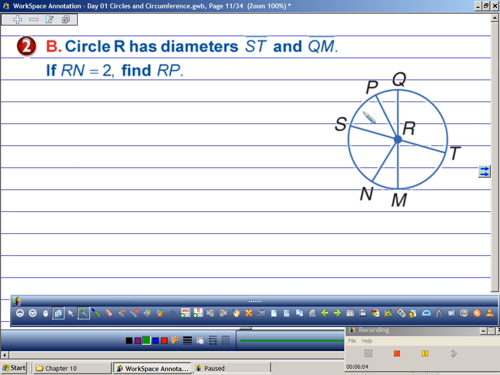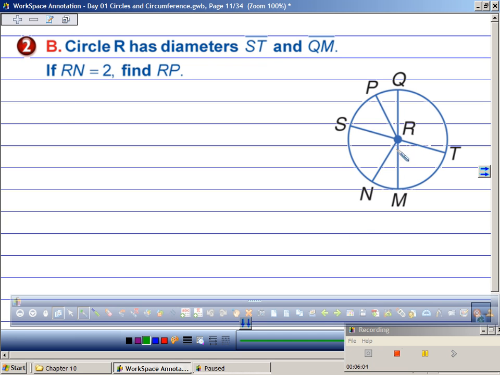So for this one it says, same picture, circle R has diameters ST and QM. If RN is 2, so this time RN, they're giving us is 2, find RP, which is right here. Well, they're the same, right?